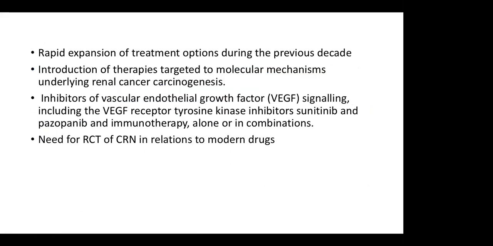So with time, there was rapid expansion of treatment options and targeted therapies, which were inhibitors of VEGF signaling and all these tyrosine kinase inhibitors, which I'm not going to go into scientific details about. They came into our practice, as well as the new generation of immunotherapy. So there was a need for a randomized controlled trial of CRN in relation to these modern drugs.